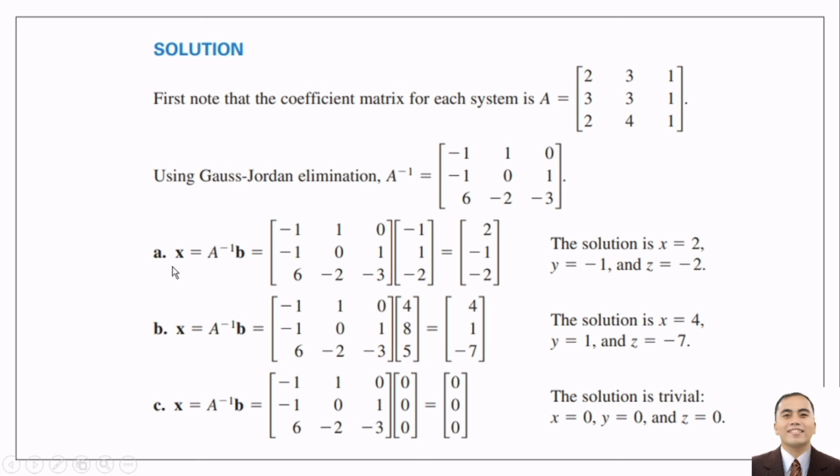For A, the solution is x equal to 2, y equal to -1, and z equal to -2. For letter B, the solution is x equal to 4, y equal to 1, and z equal to -7. And for letter C, the solution is trivial: x is equal to 0, y is equal to 0, and z is equal to 0.